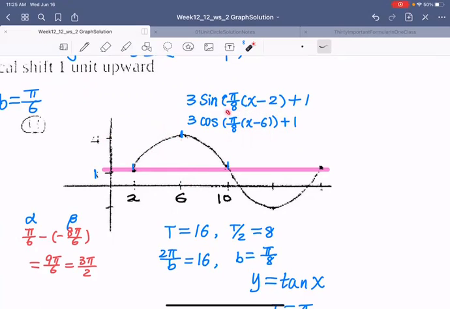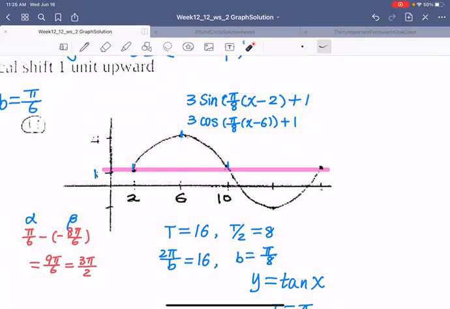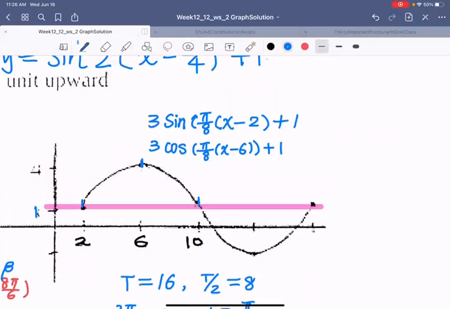Yes. And who is doing that thing here? This is the cofunction. The guy that can make these two equal is the cofunction. The reason is, look at this. Pi over 8 times a -2 gives you a negative pi over 4. Pi over 8 times a -6 gives you a -3 pi over 4.